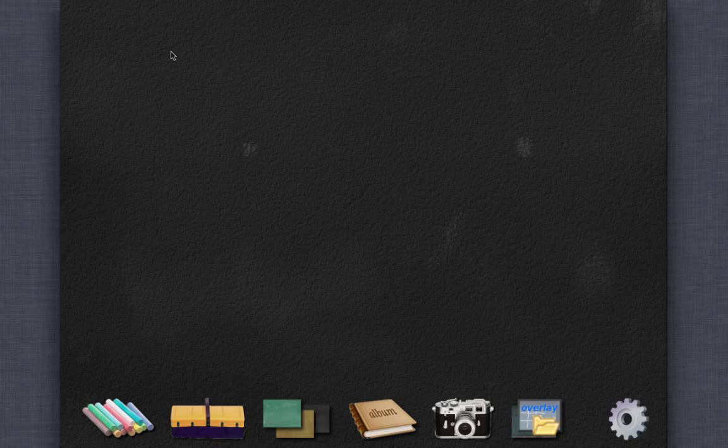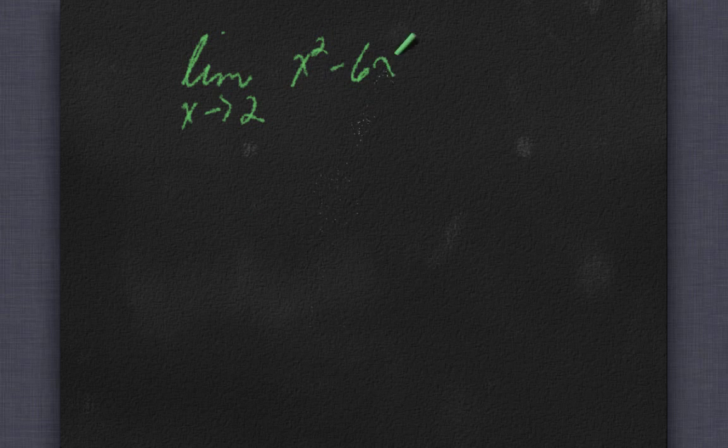If you had, say, the limit as x goes to 2 of x squared minus 6x plus 1, we would want that to be 4 minus 12 plus 1, which is minus 7.